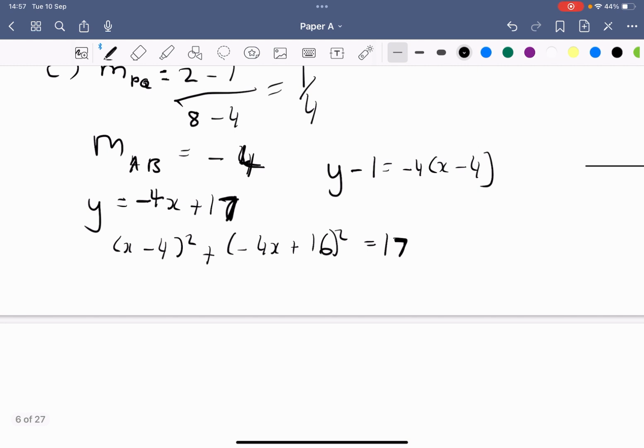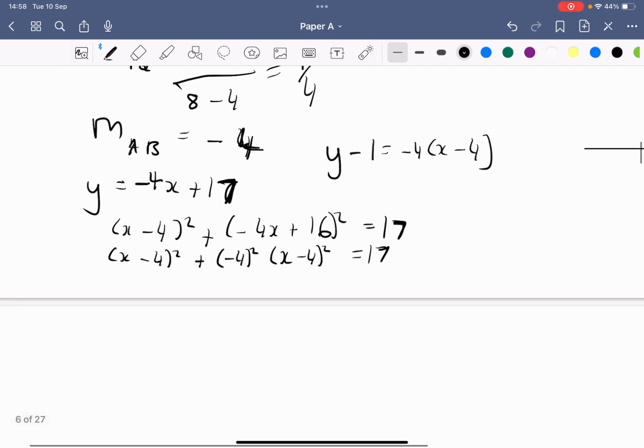Now I've spotted something that would help us, and it's a bit quicker. Instead of expanding and simplifying everything, I've noticed that this is a multiple of this. This times minus 4 gets us this. So what I can do is do x minus 4 squared plus, and now take out a factor of minus 4 squared, x minus 4 squared, and that gets us 17.